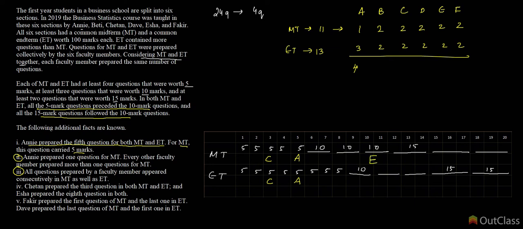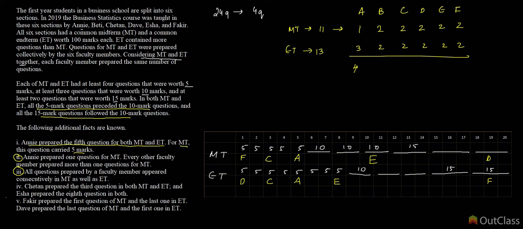Fifth says F prepared the first question of MT and the last one in ET, which is right here. D prepared the last in MT and the first in ET.